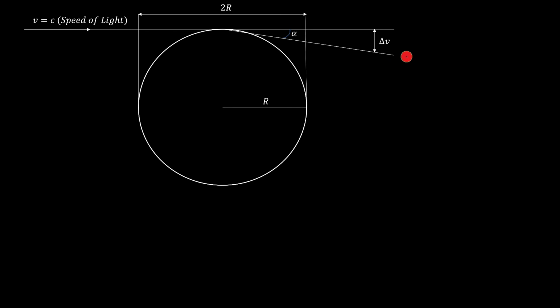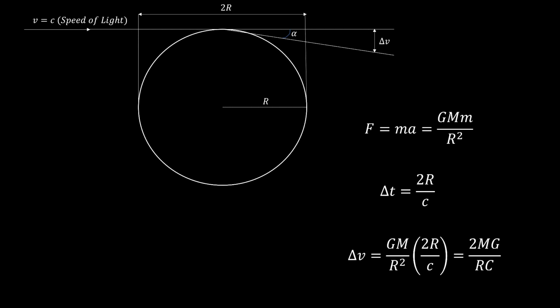If the photon's velocity has been changed, it must have been subjected to an acceleration, and with Newtonian mechanics, we can identify that acceleration. So, in Newtonian mechanics, gravitational force F equals ma is also equal to G times M times little m over r squared.